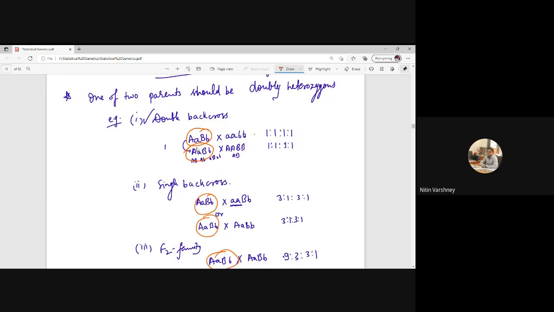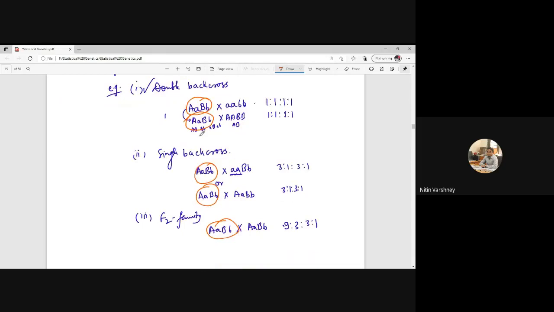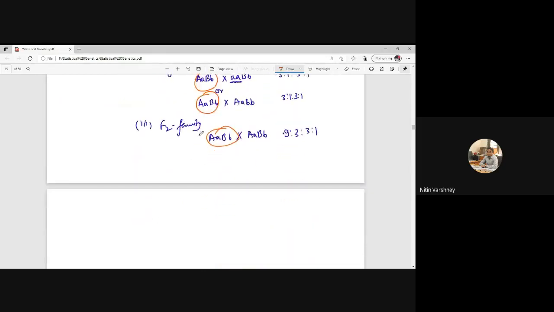So the phenomenon of linkage, this is a hard and fast rule, can only be observed in the families in which one of the two parents is doubly heterozygous. You have to remember this. So in a multiple choice question, if they ask AABB crossed with AABB, this will be wrong because no parent is doubly heterozygous.